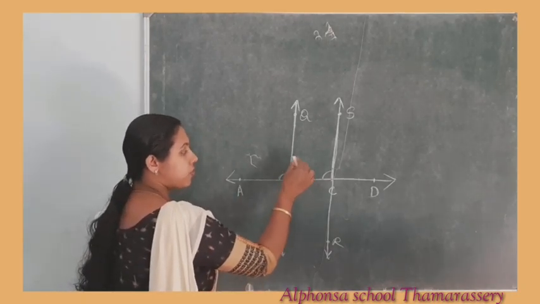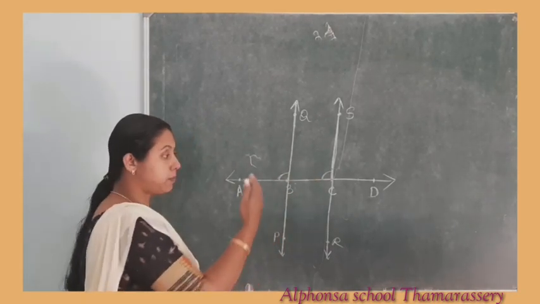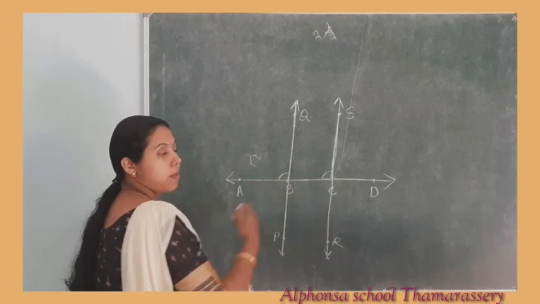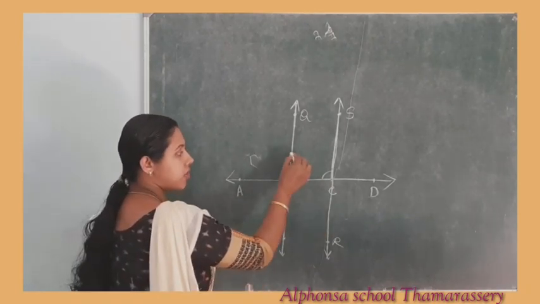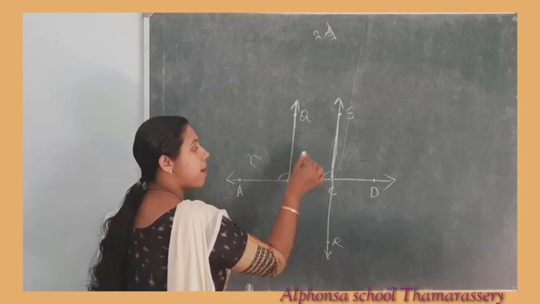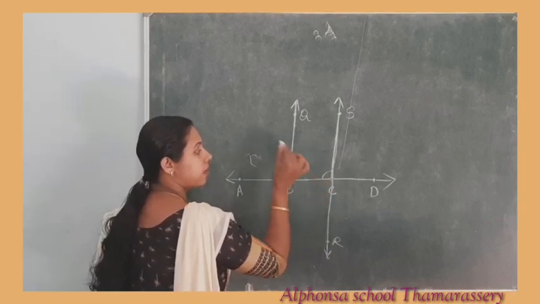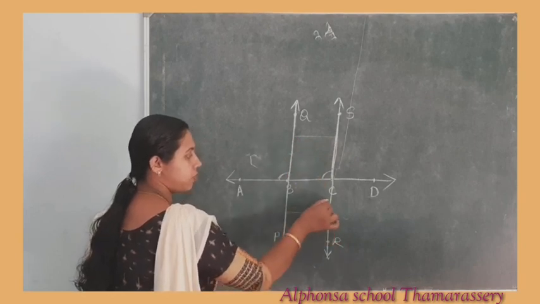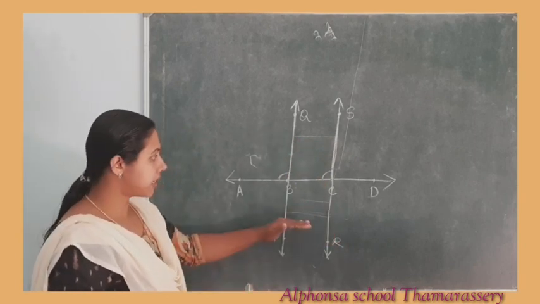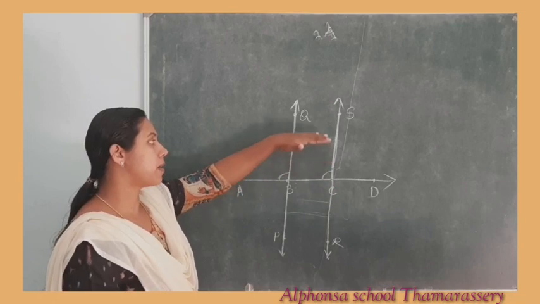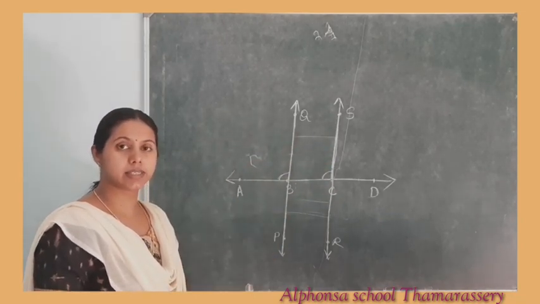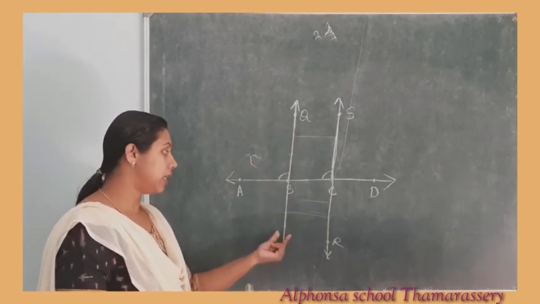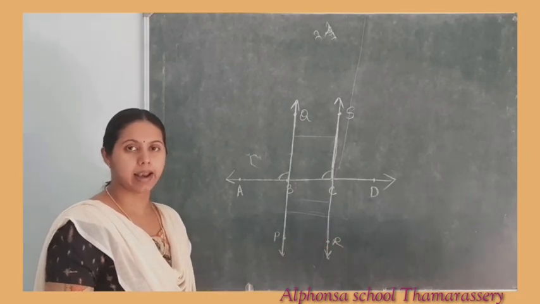For that, you draw another perpendicular line between these two lines. You can take another point and draw a perpendicular line, and measure these perpendicular lines between the two lines. You can see that the lengths of these perpendicular lines are always the same. That means these two lines are parallel.